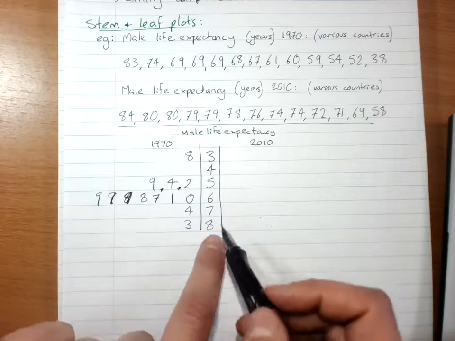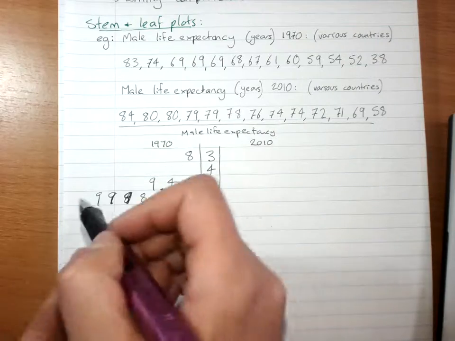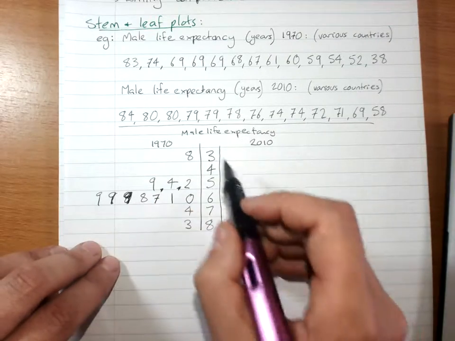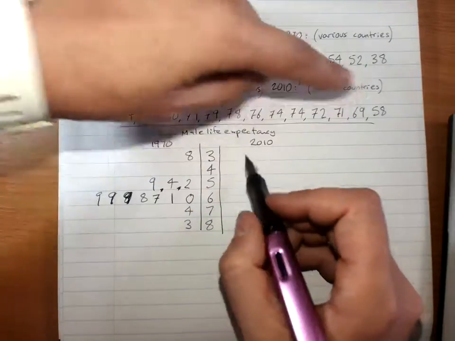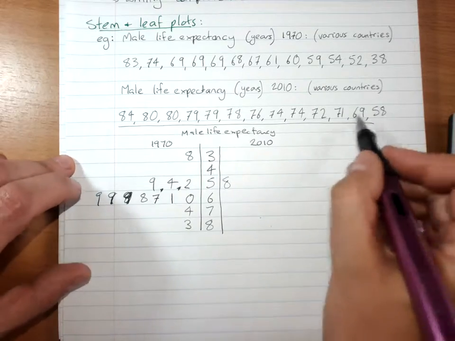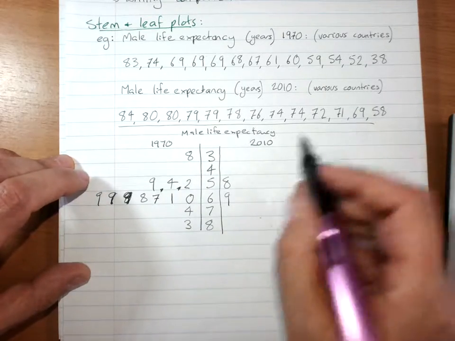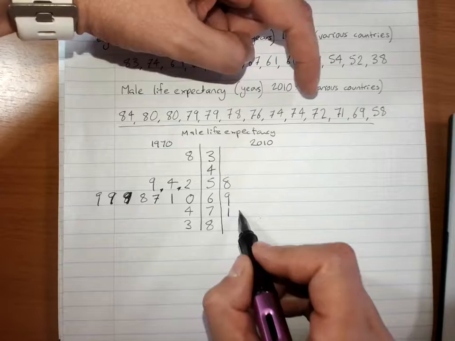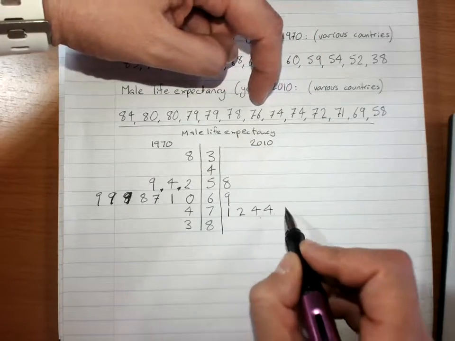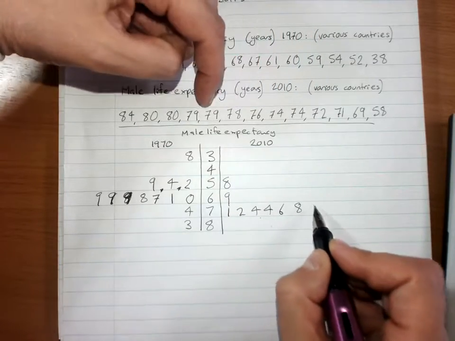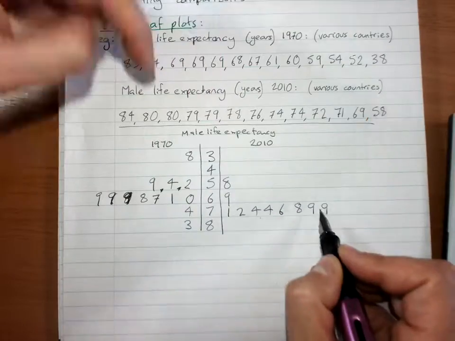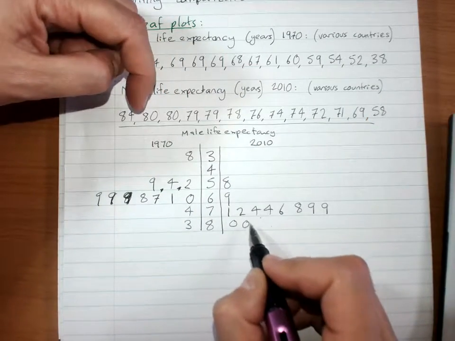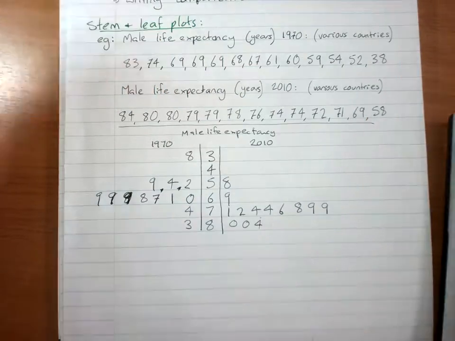So you've got to remember that we were reading tens and then units, which can be a little bit weird. On the 2010 side, 58, 69, now 70s I've got 71, 72, 74, 74, quite a lot in the 70s, 80, 80 and 84.